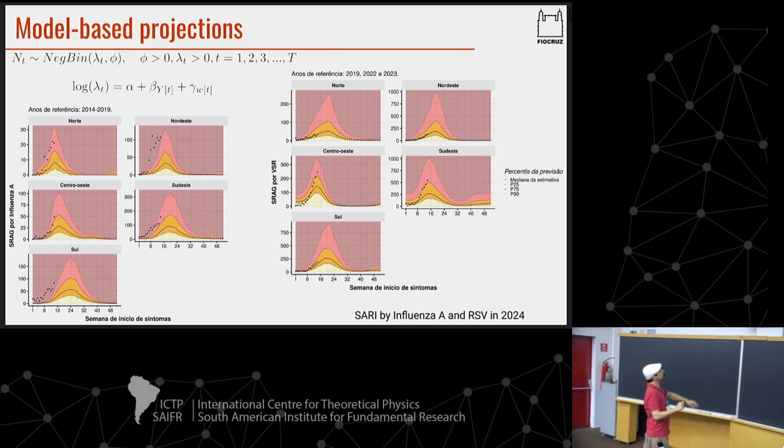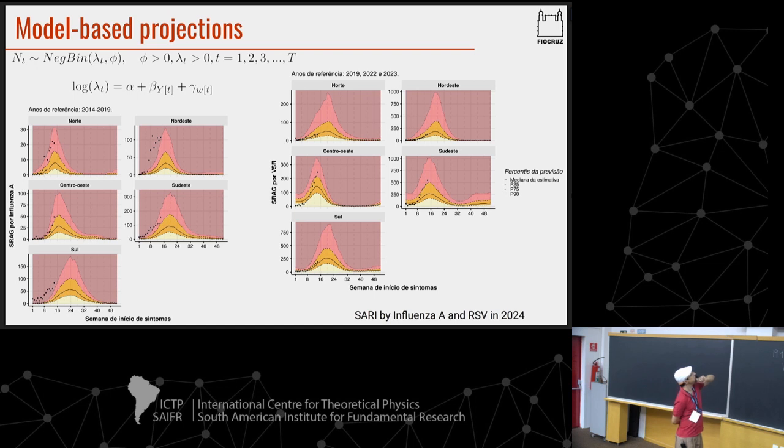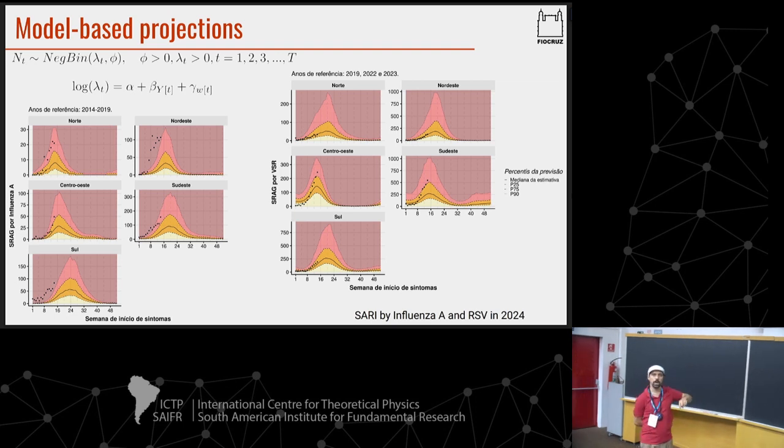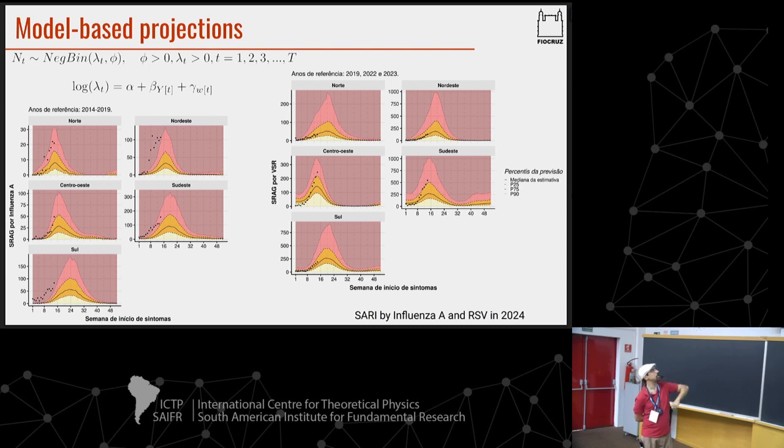Now, finally, we can see what other information we can extract from here. In terms of influenza A, the black dots here are what we are seeing right now. So it's the number of weekly SARI cases with a positive test for influenza A at each week and each region up to week 14. Okay, why 14?